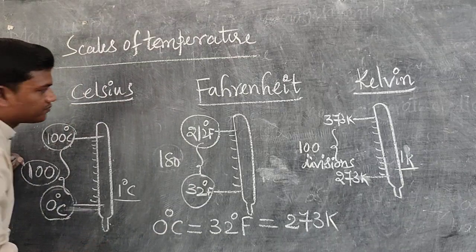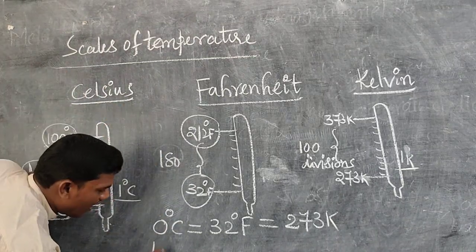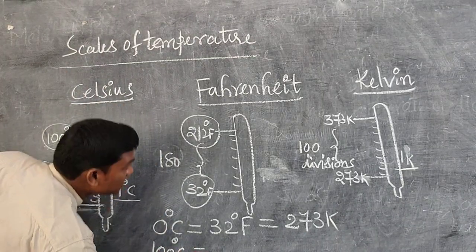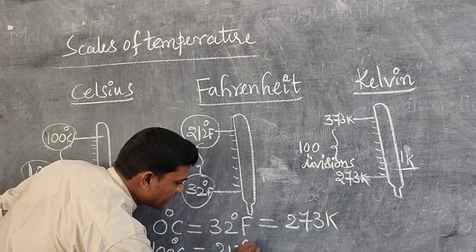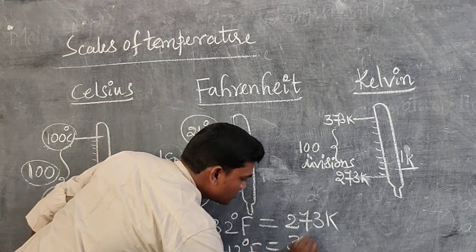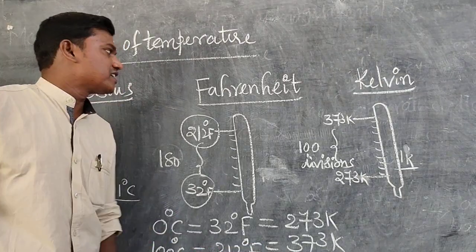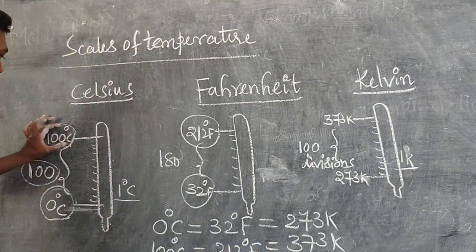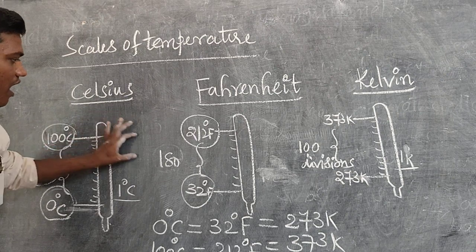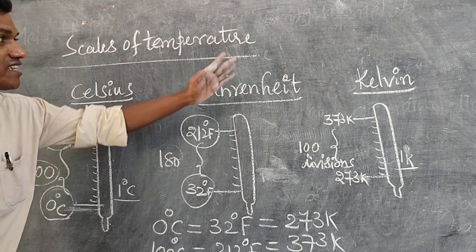And also, 100 degrees Celsius is equal to 212 degrees Fahrenheit, which is equal to 373 Kelvin. So this relation represents the upper fixed point or boiling point of water in the three scales.